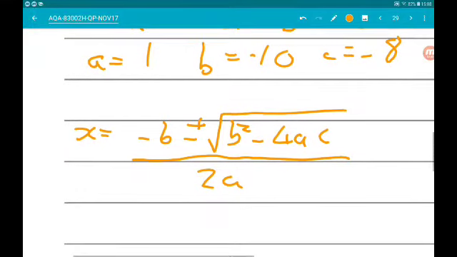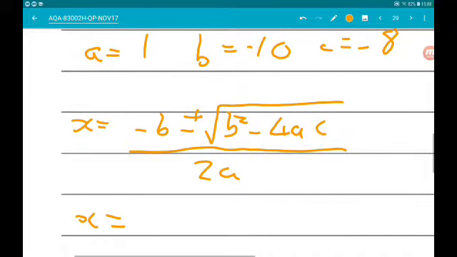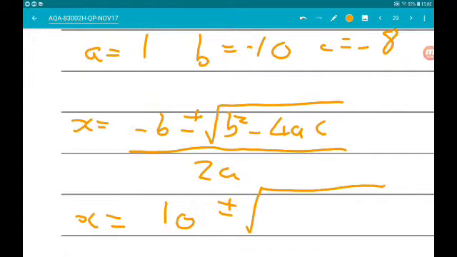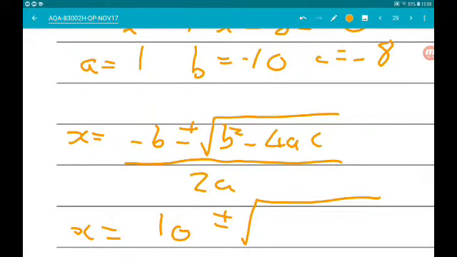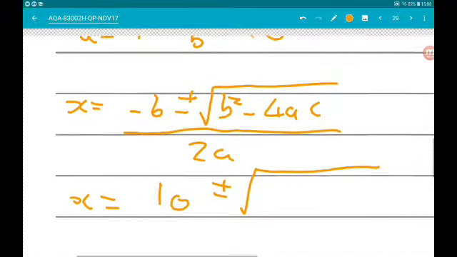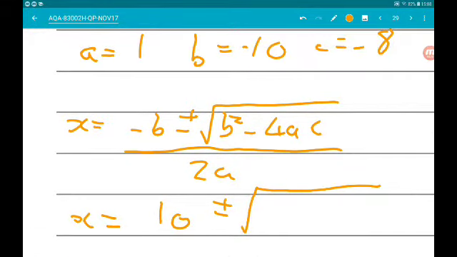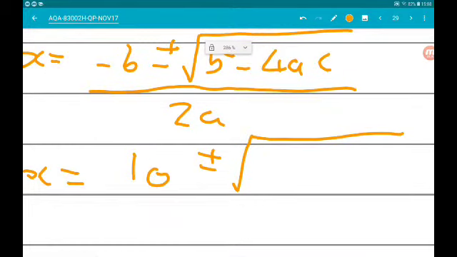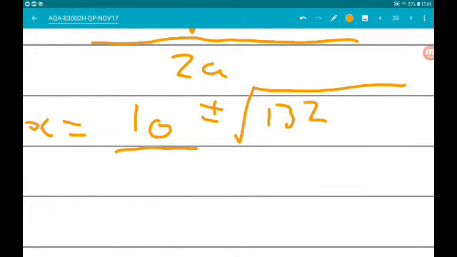So for us, we're going to get x is minus 10, so positive 10, plus or minus root minus 10 squared, which is 100, minus 4 times 1 times minus 8. So that's going to be plus 32. b squared is going to give us 100 plus 32, so we get root 132 all over 2 times 1, which is 2.